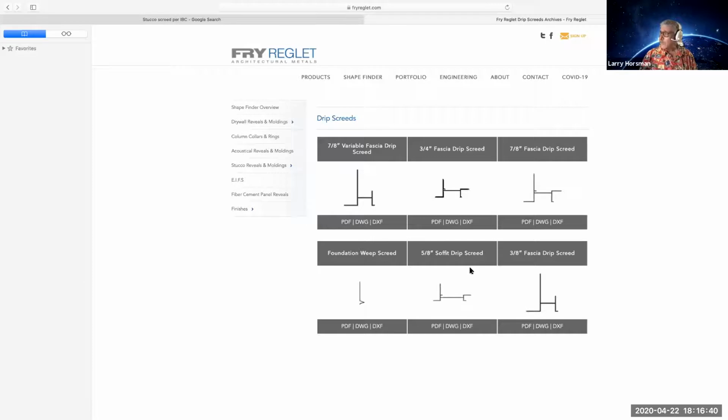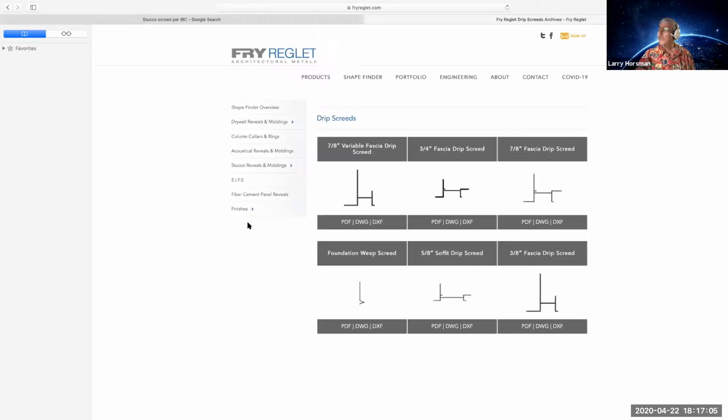It'll break down a little more quickly out there, but these are all kinds of little things. We don't have any soffit vents, so that's not something we normally look at, but that was screeds.